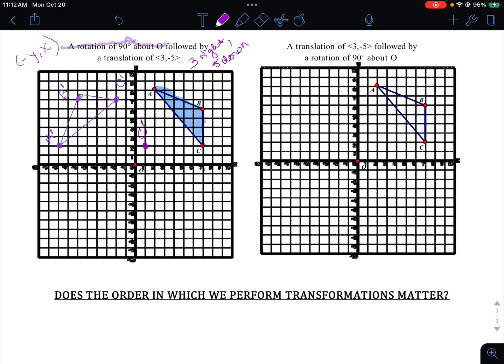So here is C double prime. How about that? Let me make that a little bit clearer. All right, B double prime, 1, 2, 3, 1, 2, 3, 4, 5. And this is B double prime. And then A double prime, 1, 2, 3, 1, 2, 3, 4, 5. Connect those dots.